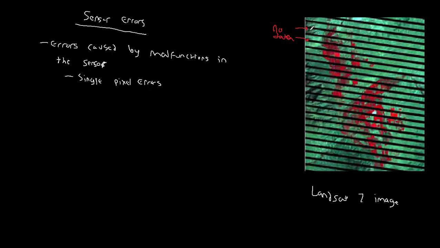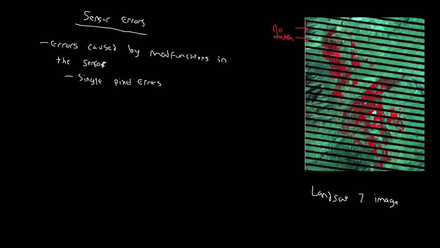So the satellite was actually giving us imagery with giant stripes. If I were to wager a guess, about a third of the image, if you added up all of these areas, is now no data. So this is an extreme example of sensor errors that is still usable.